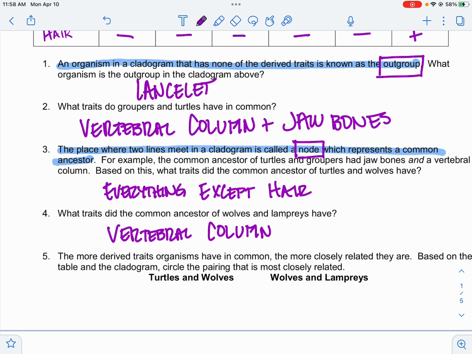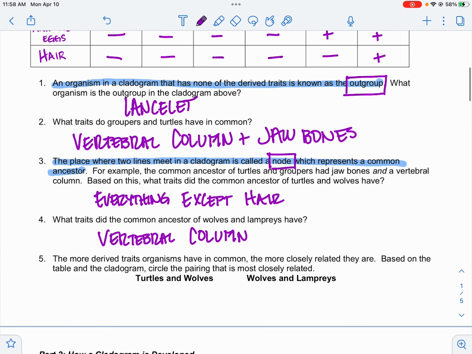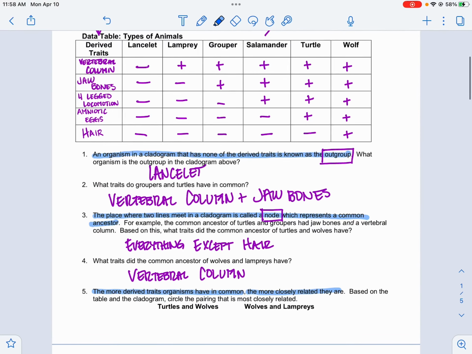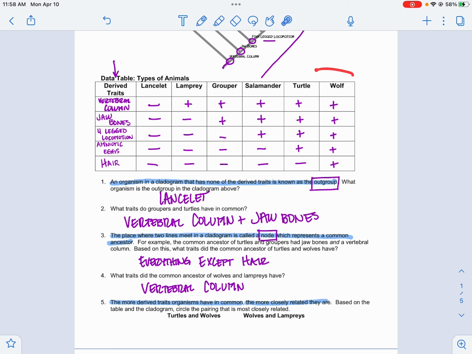Number 5 says the more derived traits organisms have in common, the more closely related they are. That makes sense. Based on the table and the cladogram, circle the pairing that is most closely related. We've got turtles and wolves over here, or wolves and lampreys.